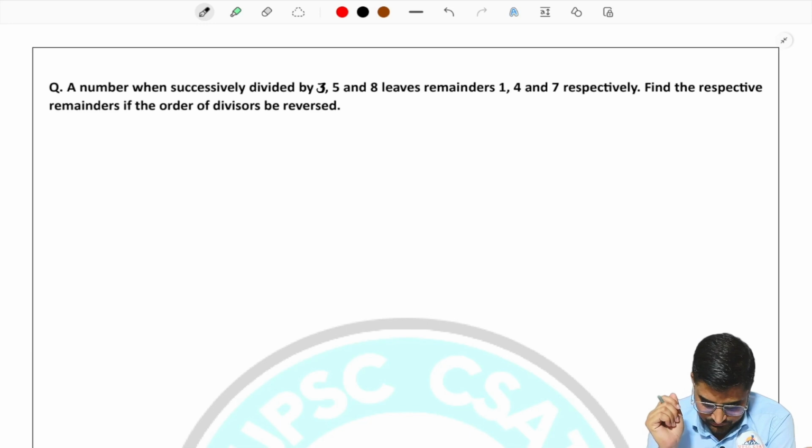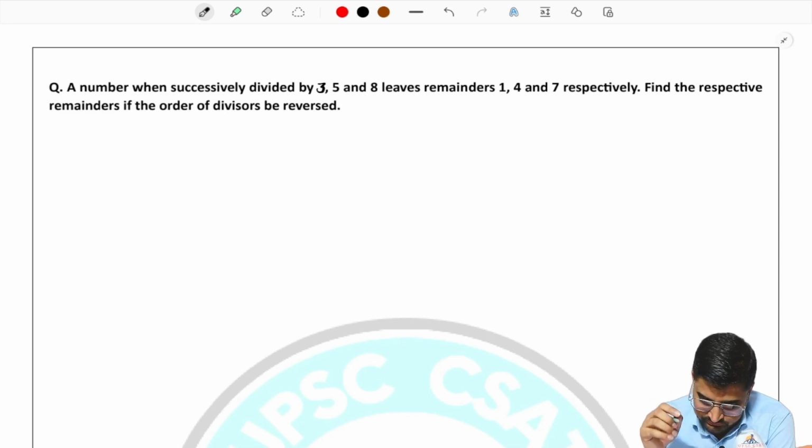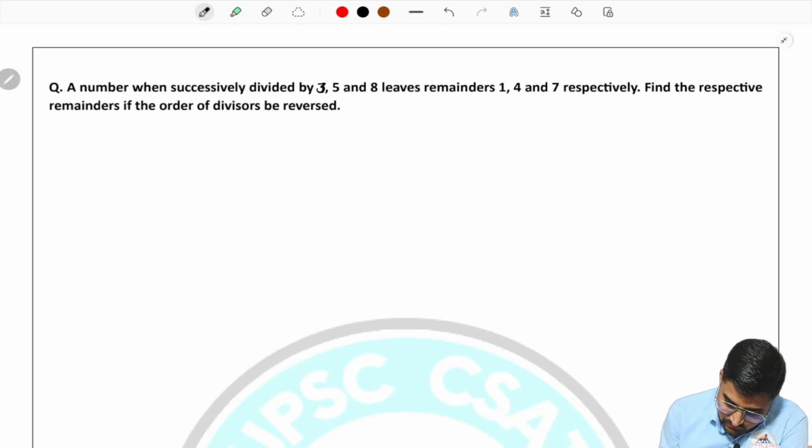Please pay attention. A number, when successively divided by 3, 5, and 8, leaves remainders 1, 4, and 7 respectively. Find the respective remainders if the order of divisors be reversed. In the first statement, the question says that there is some number, say x.